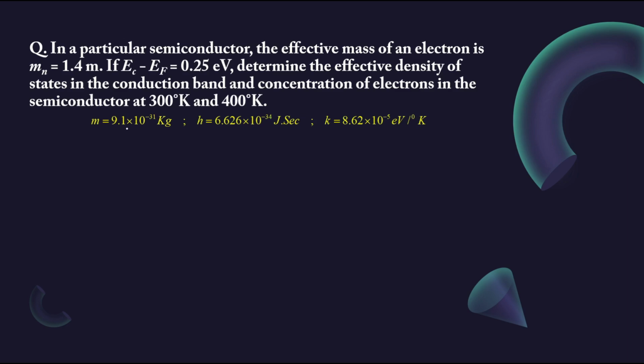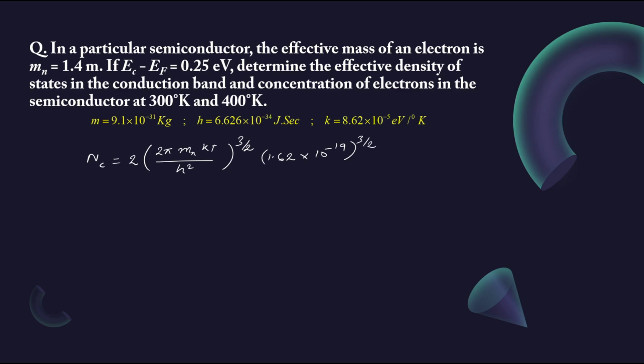Here, as we already know, the value of Nc is given by 2 times (2 pi mn kT by h square) whole to the power 3 by 2, and the value 1.62 into 10 to the power minus 19 to the power 3 by 2.